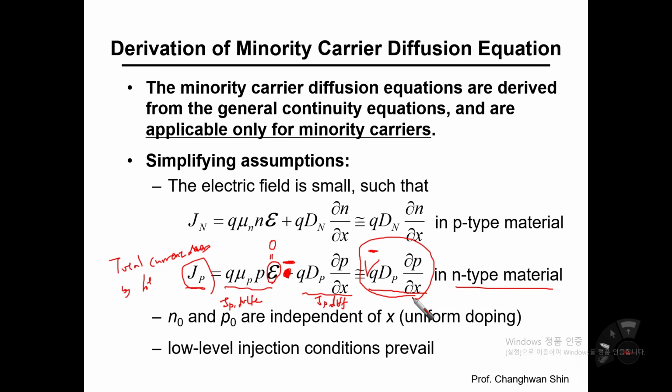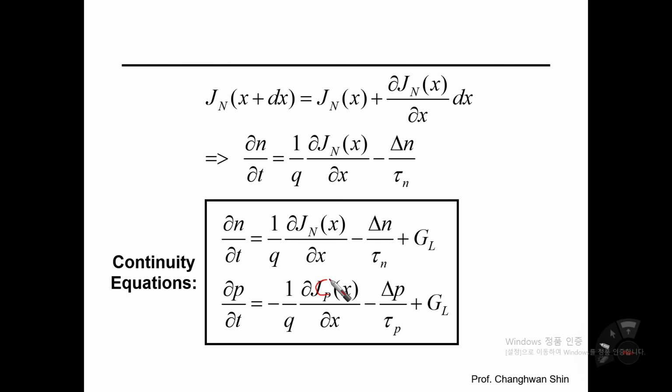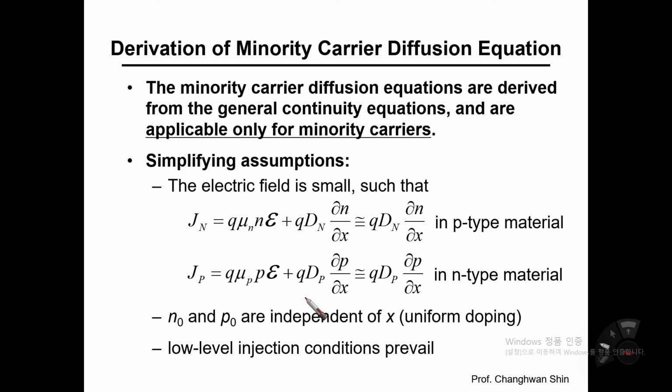This can be plugged into here, and we are going to use that later. This is the very first simplifying assumption to be used in analyzing the p-n junction diode.